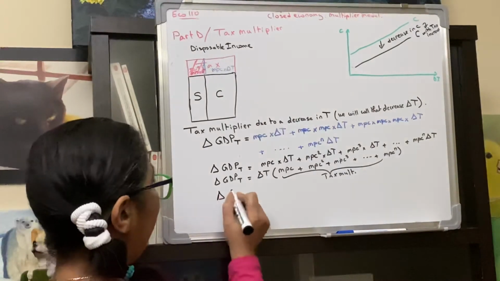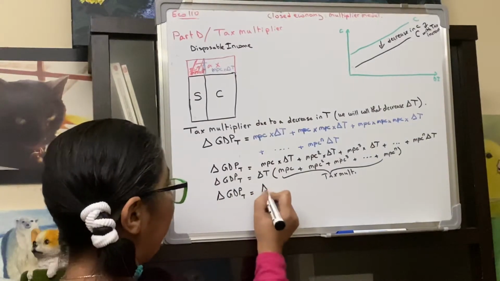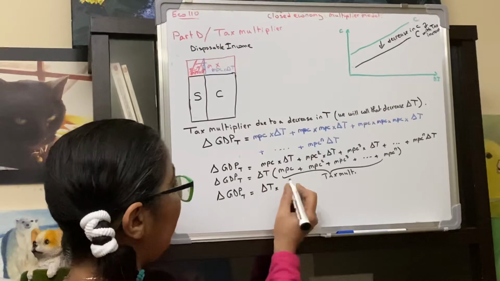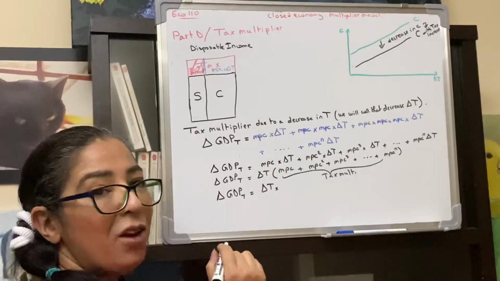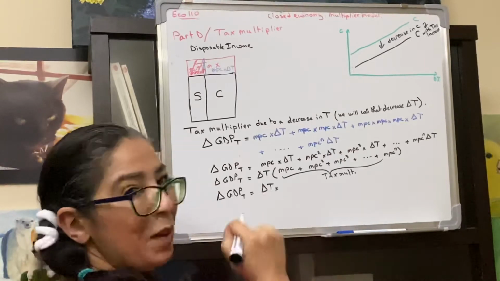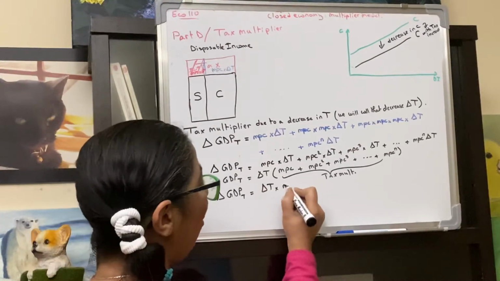Delta GDP due to T is equal to delta T times, I'm going to take off 1 MPC to put it in common, so that I have the expenditure multiplier. I'm going to put MPC in common also.